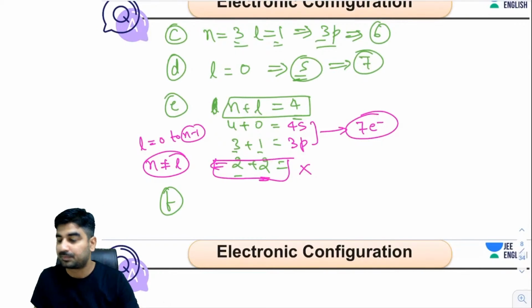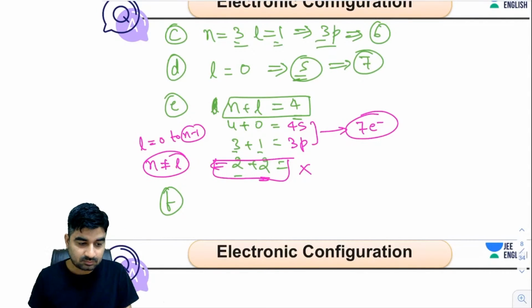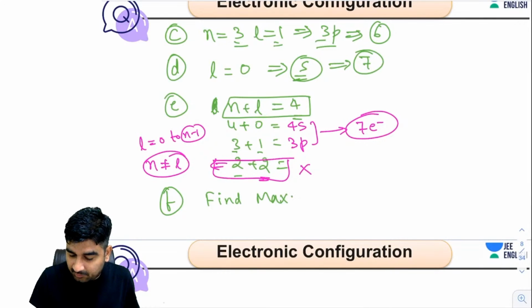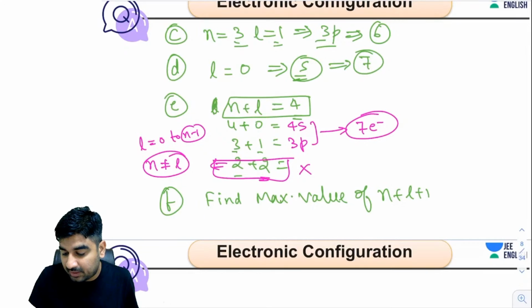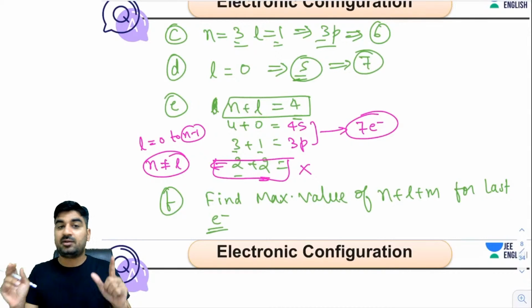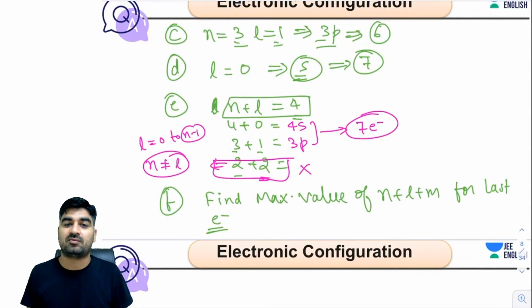Next question. Solve it. Find the maximum value of n plus l plus m for the last electron.